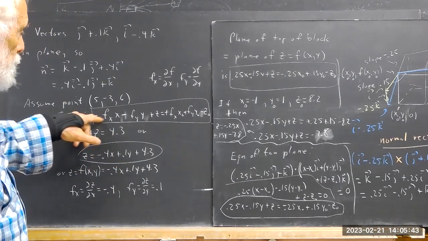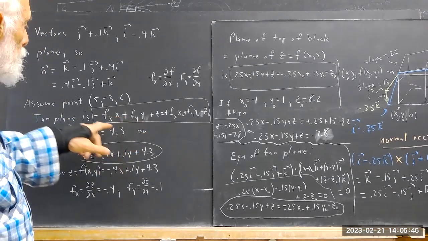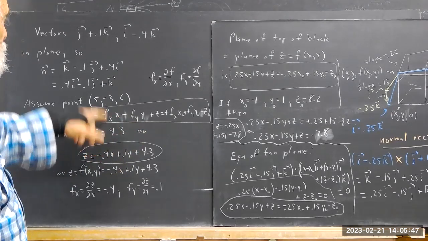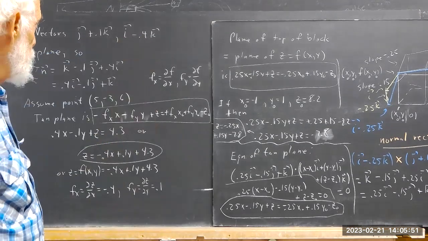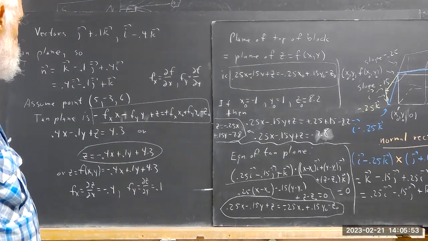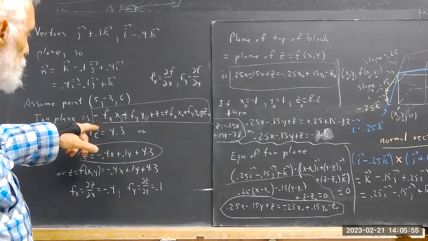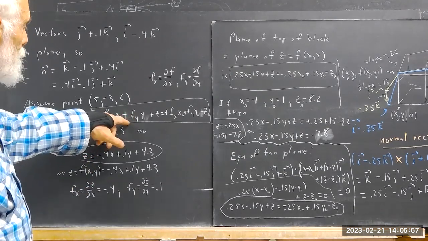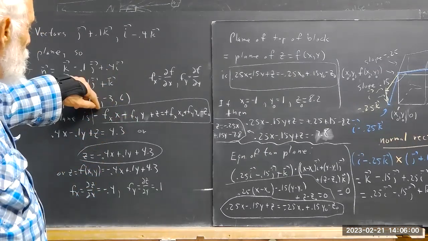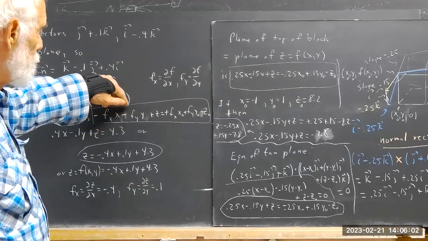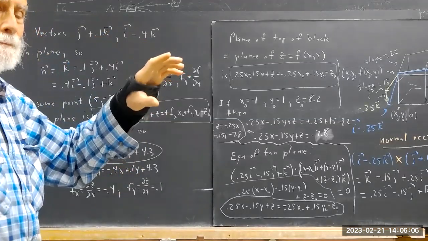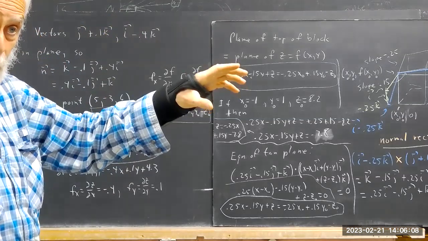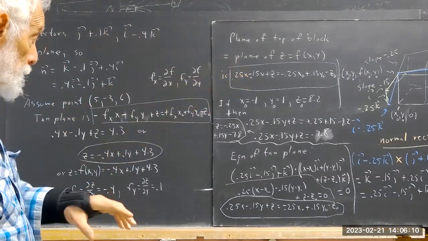negative fx x minus fy y, where fx is, in this case, 0.1, fy is a negative 0.4. This notation represents the partial derivative of f with respect to x, the partial derivative of f with respect to y, where z equals f of x, y is the equation of the plane.